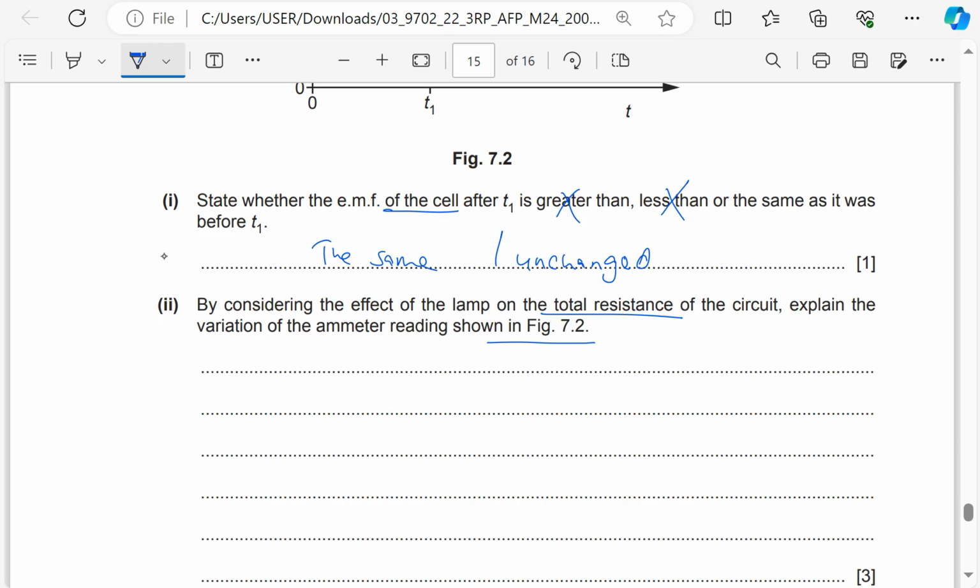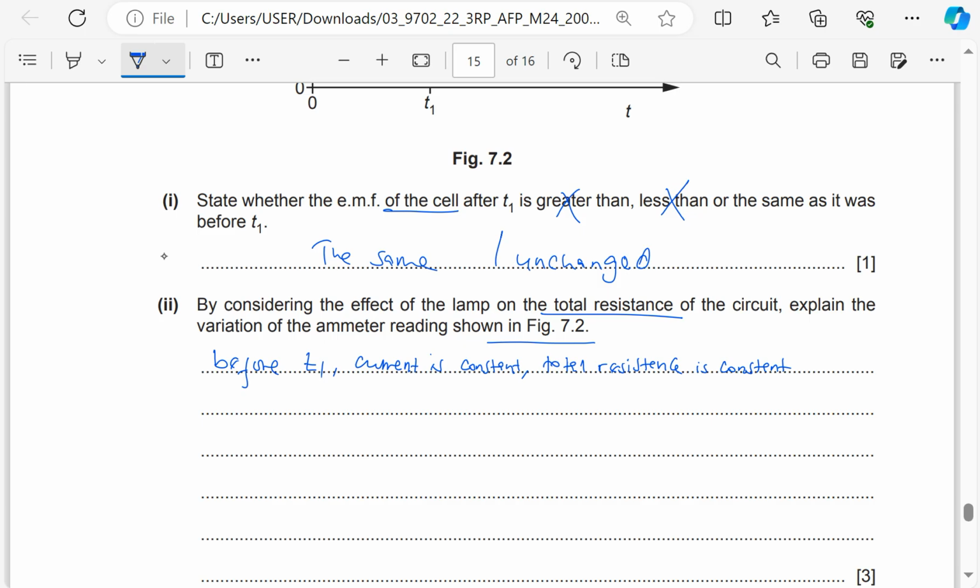So I'll put this in writing. I will say before T1, the current is constant because total resistance is constant.